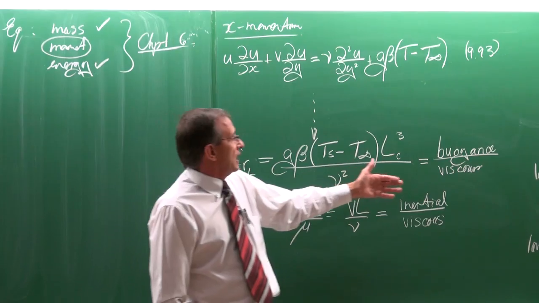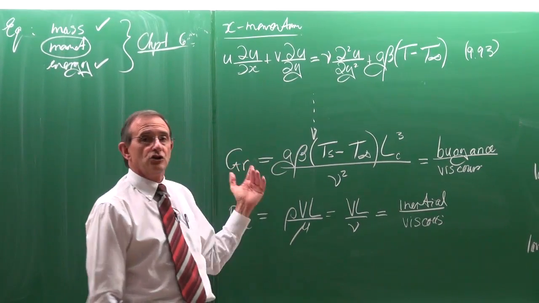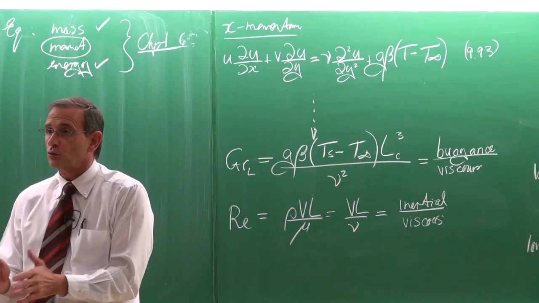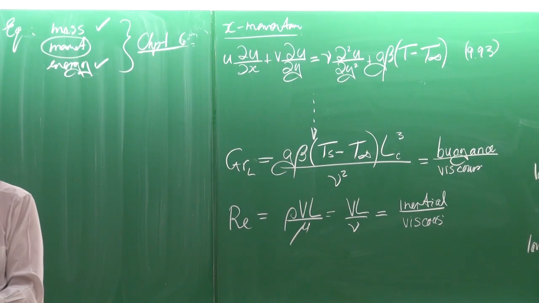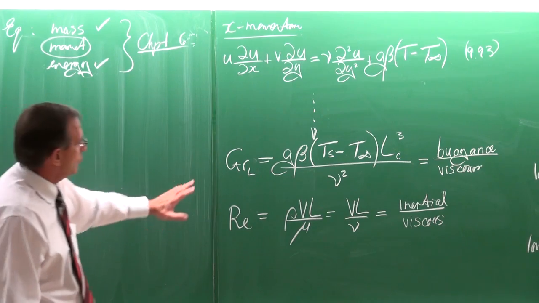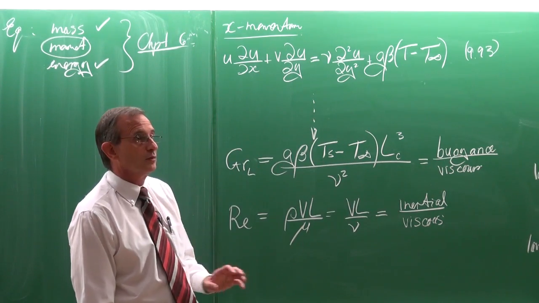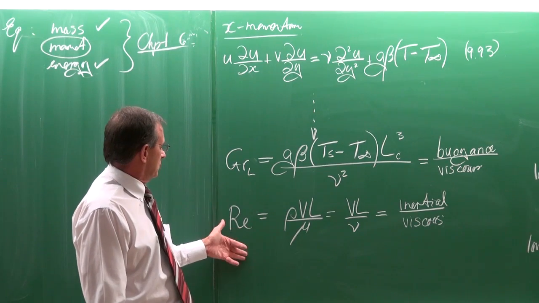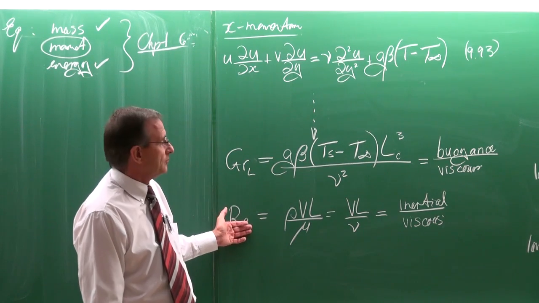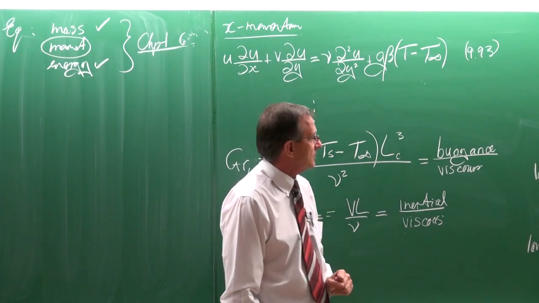So in natural convection problems, we are going to use this criterion to determine if the flow is laminar or turbulent, because usually we will not have a Reynolds number. In most cases, they're not going to give you a velocity or a mass flow, because you don't have it. Okay. So therefore, we use this criterion to determine if the flow is laminar or turbulent, where in forced convection, we've used the Reynolds number, which is the ratio of the inertial forces to the viscous forces.